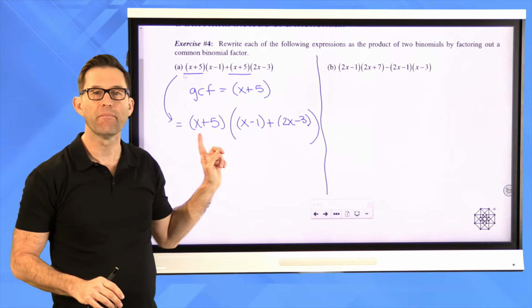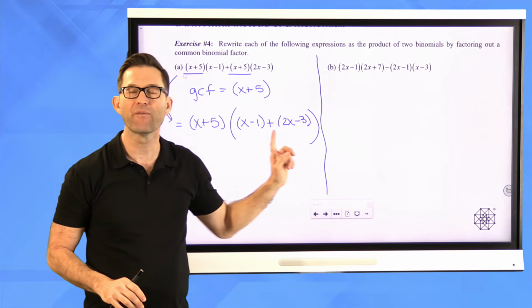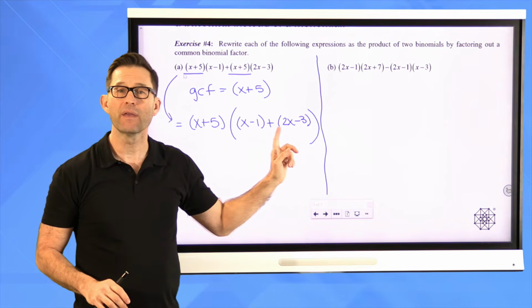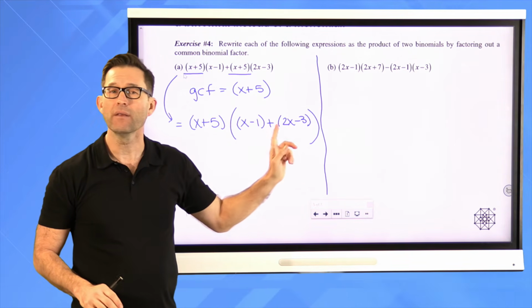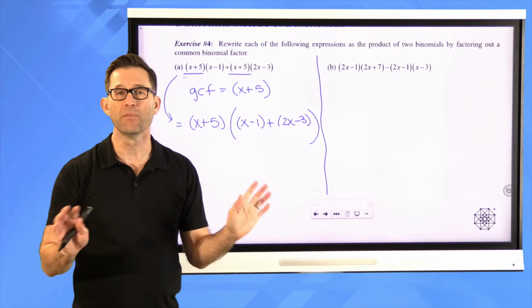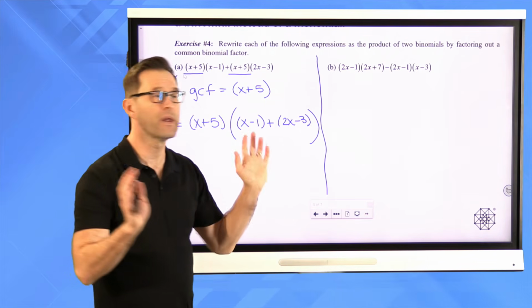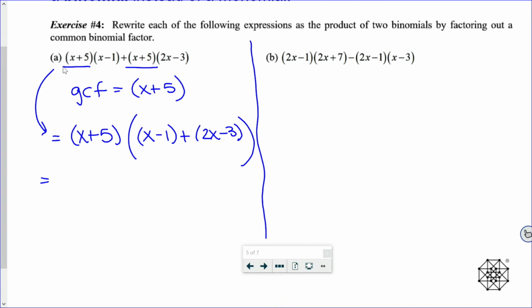Well, here's one binomial, but now I can simplify what's inside of here. I'm just adding two binomials together, so I can use the associative and commutative property of addition and just get rid of those parentheses. And now we have x plus 5 times x minus 1 plus 2x minus 3.